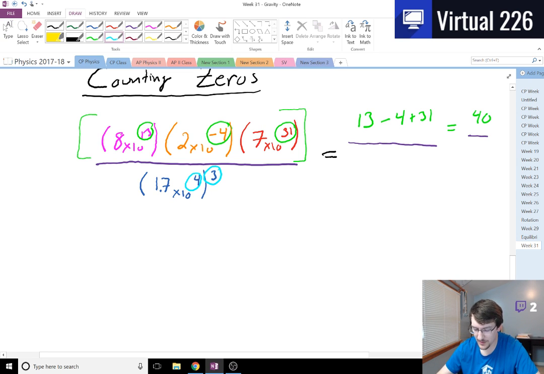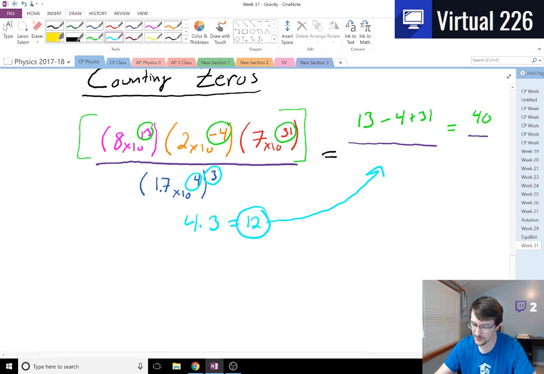Whenever a number is squared or cubed in the exponent, we multiply them together. So 4 times 3, as we're all familiar with, is 12. That's our total number of zeros in the denominator, 12.